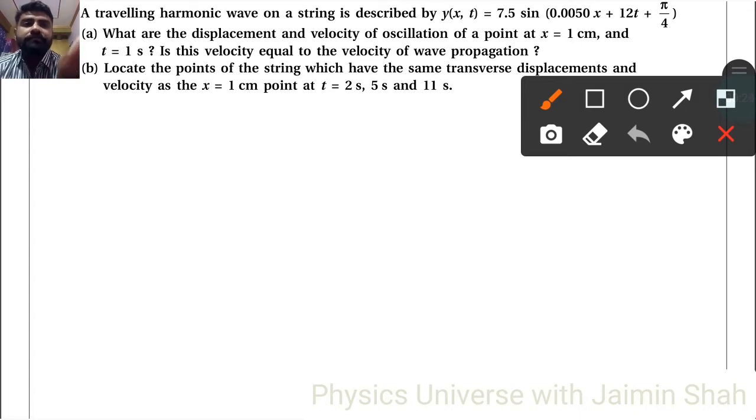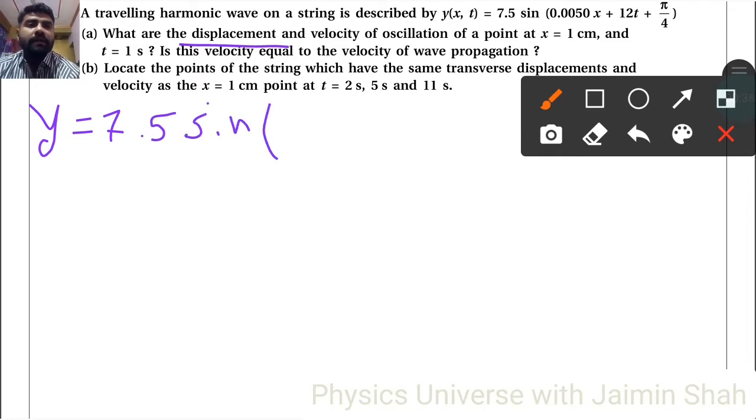So see here, y = 7.5 sin(...). First we have to find the displacement. So 7.5 sin with x = 1 and t = 1, that is 0.0050 + 12 + π/4.